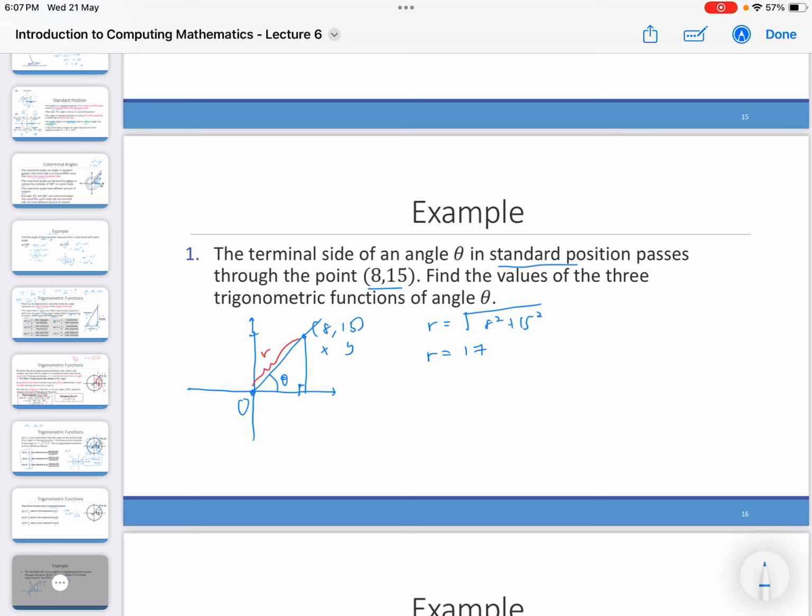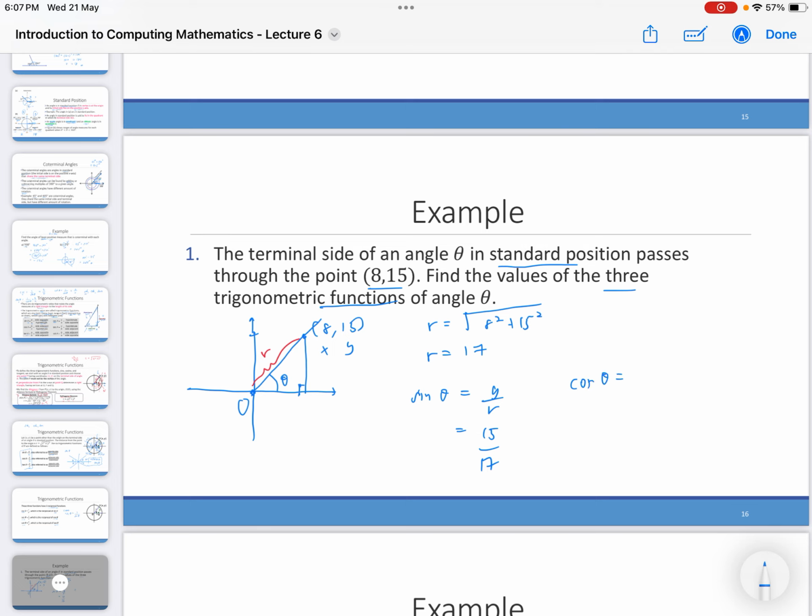And then we want to find the values of the three trigonometric functions. When the question asks for the three trigonometric functions, it is actually the basic functions: sine, cosine and tangent. So sine theta equals y over r. Y is 15, r is 17, so we straight away get 15 over 17.